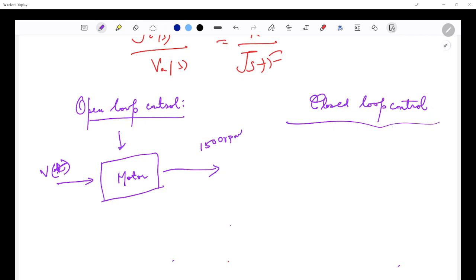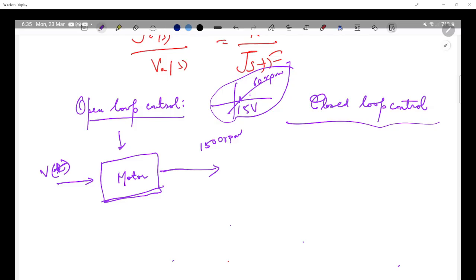Will I be able to do so forever? I mean, if I have a chart which says for 15 volts you will be able to get 60 rpm, but it is just open loop. There might be many effects coming in.